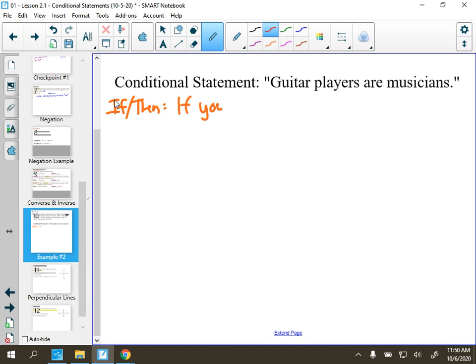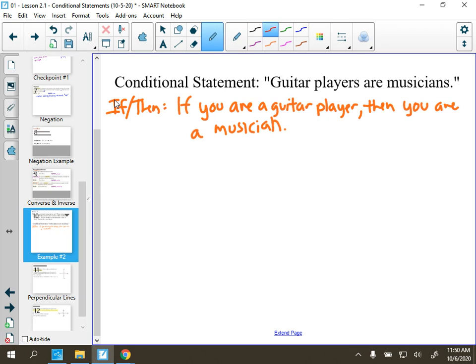If you are a guitar player, then you are a musician. So I've taken the conditional statement and just got it in that form.